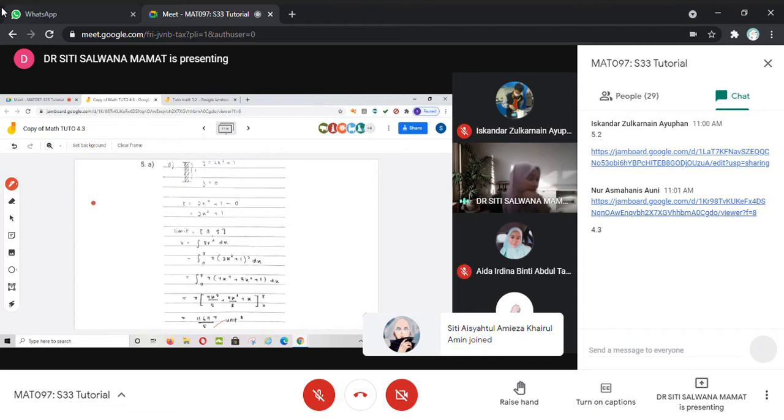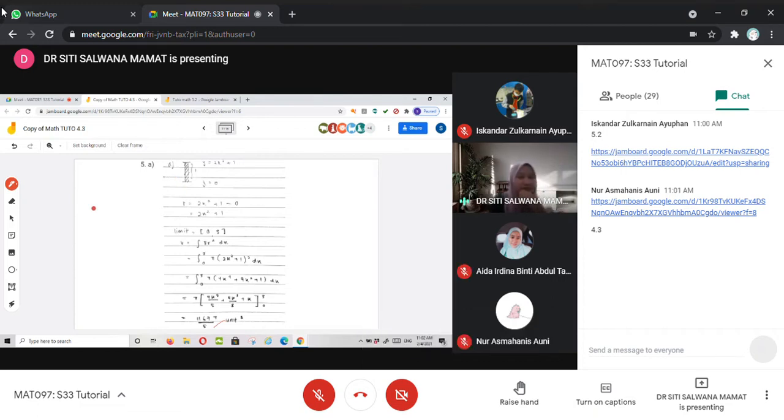Okay, so kalau you tengok you punya graph tu, this is x-axis. They revolve at x-axis. Then you punya graph something macam ni lah. So this is the shaded region.